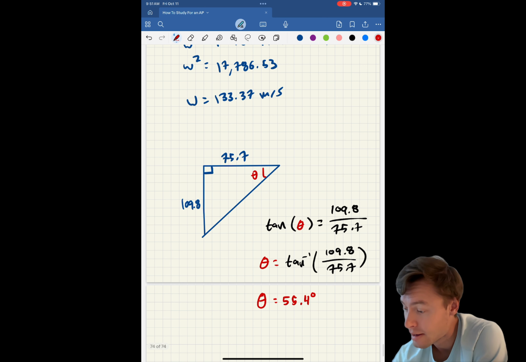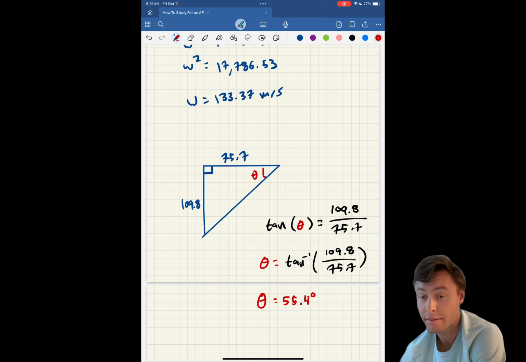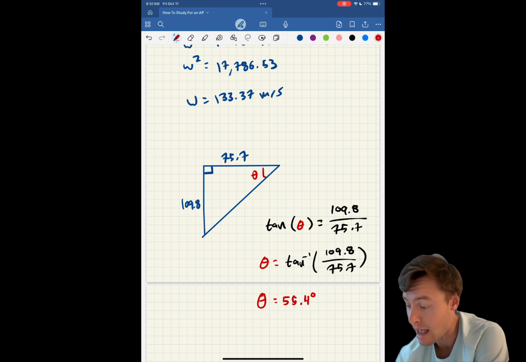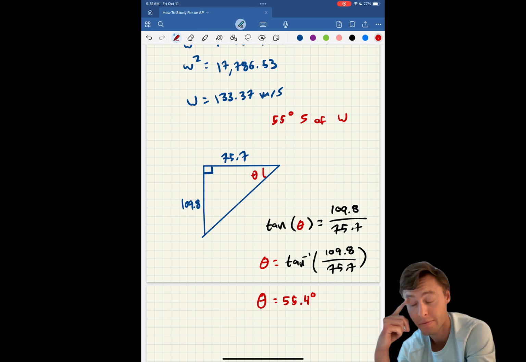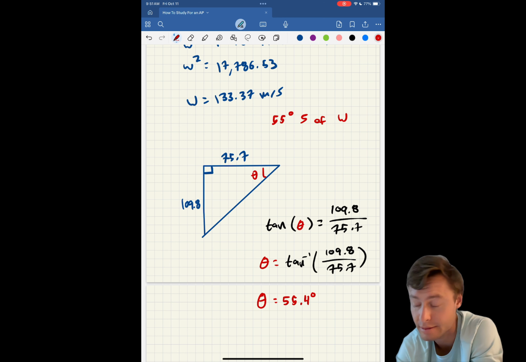Okay, so what does that mean? That means that the wind is going 133.37 meters per second at 55 degrees south of west. Okay. 55 degrees south of west.